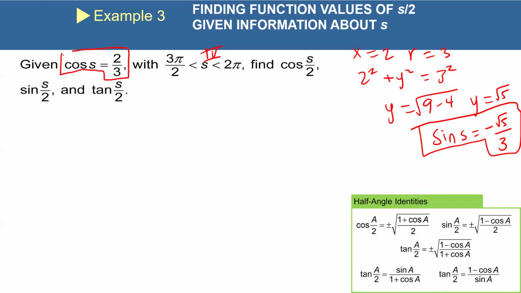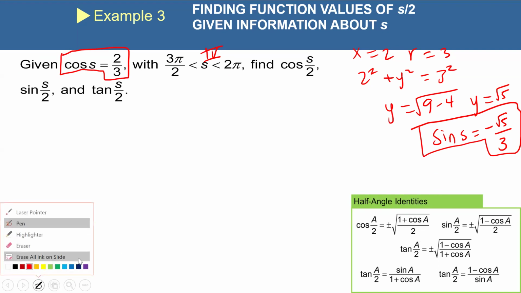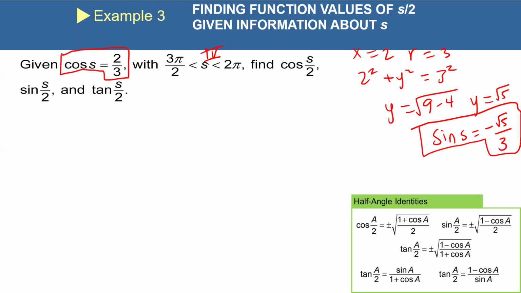I have cosine and I have sine. So the first thing we're going to find is our cosine of S over 2. So the cosine of S over 2 equals, and we're going to use the formula square root of 1 plus cosine A divided by 2.